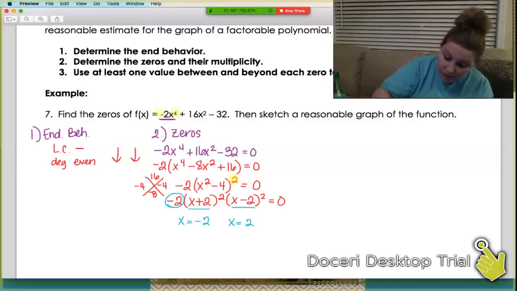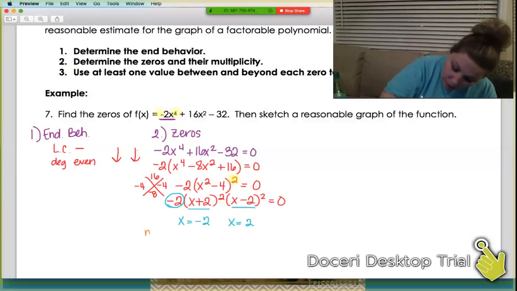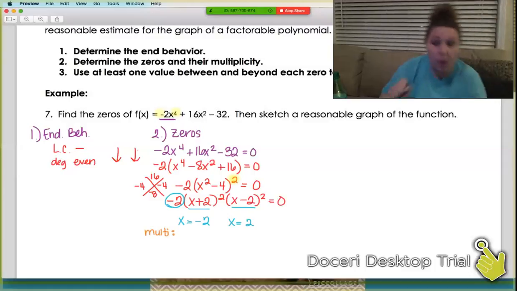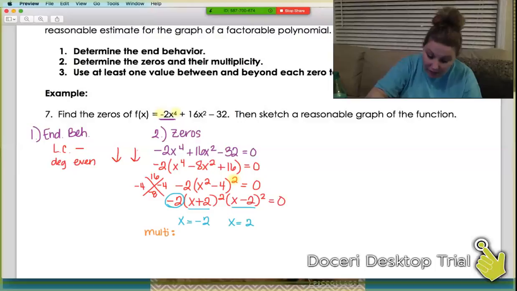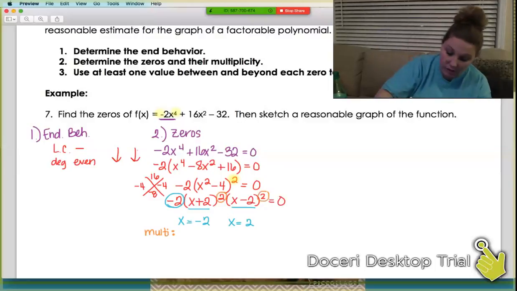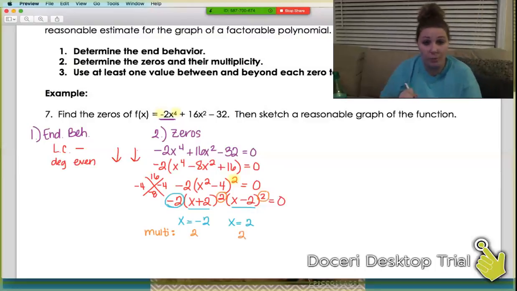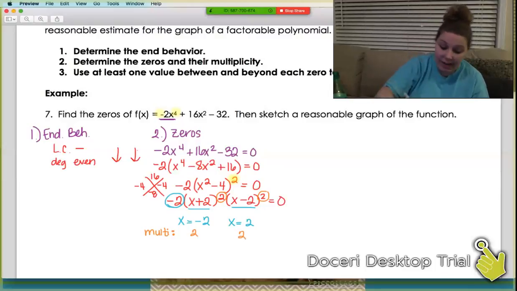Now what's important here is we need to know the multiplicity of each one. So again, you look at the factor that it came from, and they both came from squared factors. So this has a multiplicity of 2 and a multiplicity of 2. Now we have to decide, what does that mean? So 2's are both even, and even means that our graph is going to bounce at both of these points.